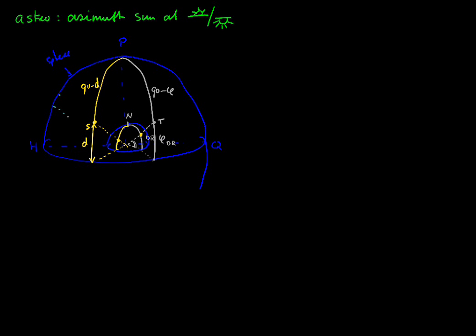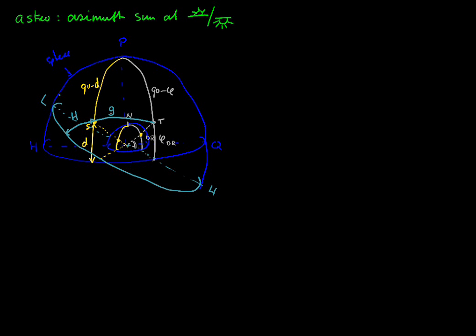Now say the local horizon is here, perpendicular to the line from the midpoint Earth to T. If I have a circle segment here, we know that from the horizon to the point S would be the height of the body, in this case the sun.